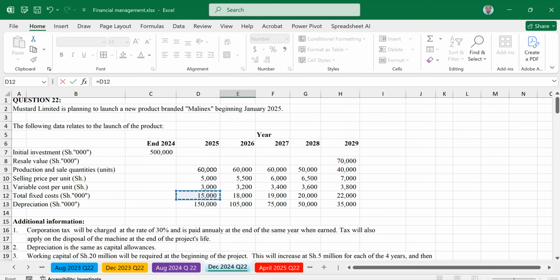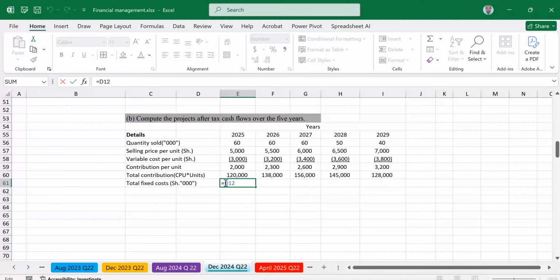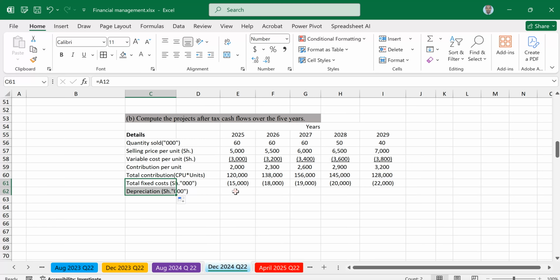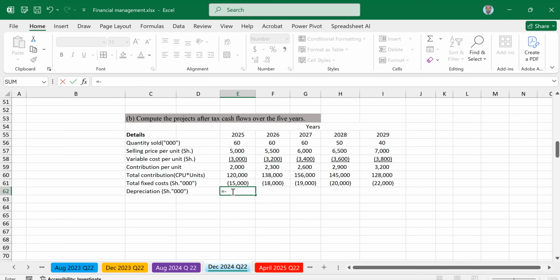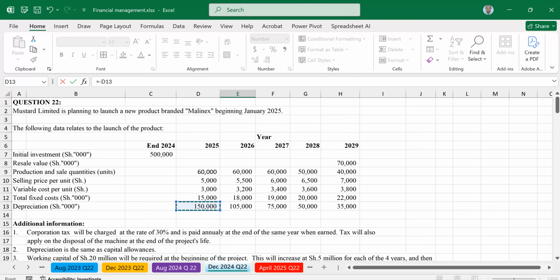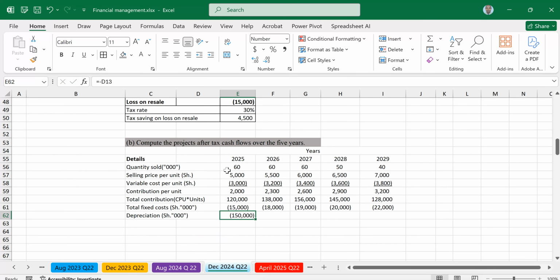Negate it so that it comes as a negative figure. So equal sign negative, then drag across. We also have depreciation, equal sign negative, pick the depreciation, enter, drag across for depreciation.